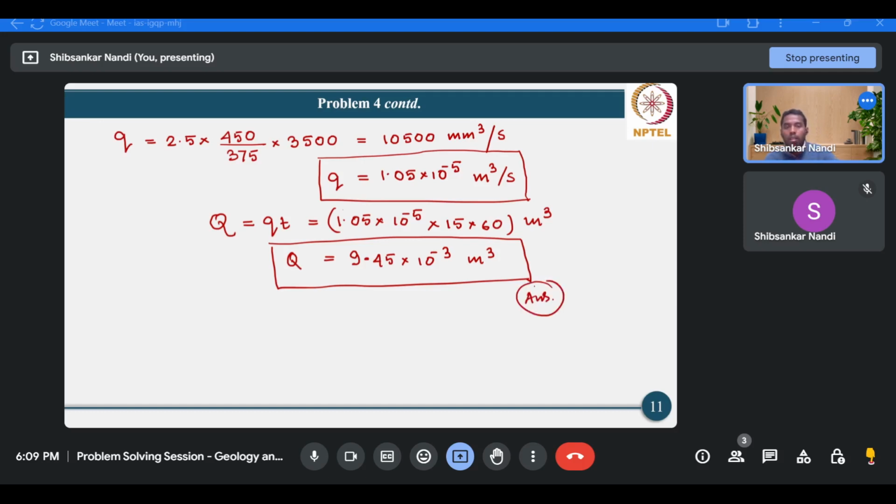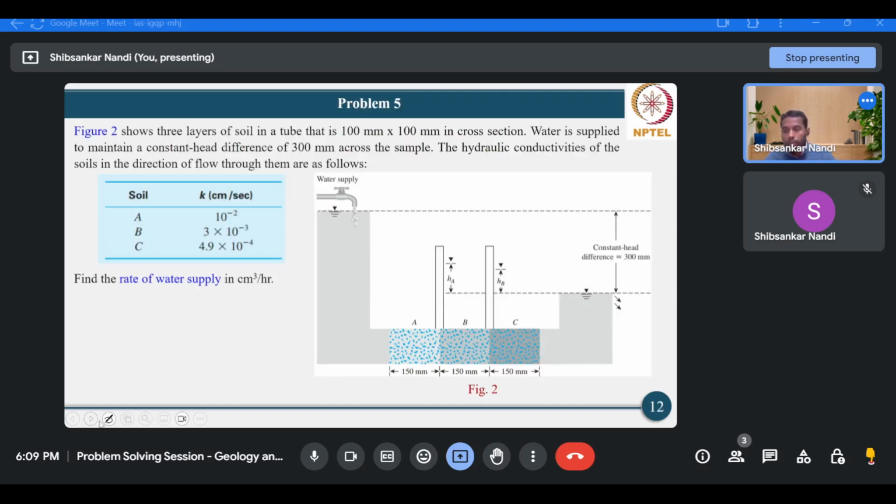Now we'll take the last problem for this session. So this is related to a stratified deposit. Figure 2 shows 3 layers of soil in a tube that is 100 millimeter by 100 millimeter in cross section.